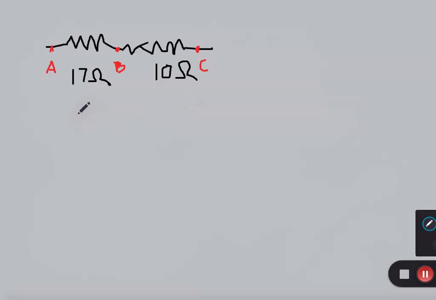If you want to have an R equivalent, it is very simple. In a series, the R equivalent is just the sum. You just add these two up: 17 ohms plus 10 ohms equals 27 ohms.